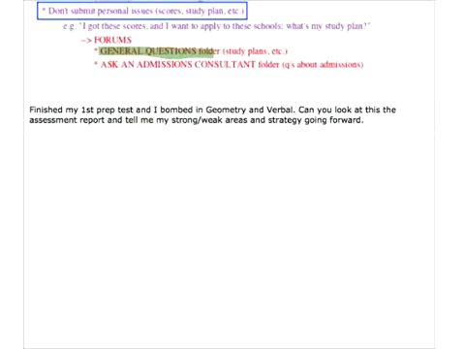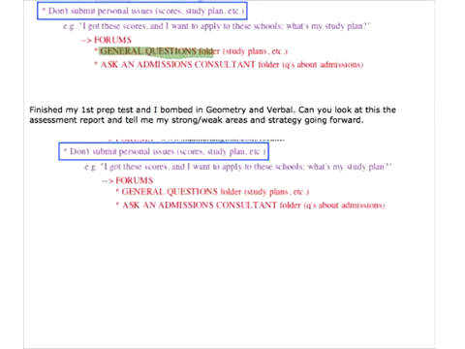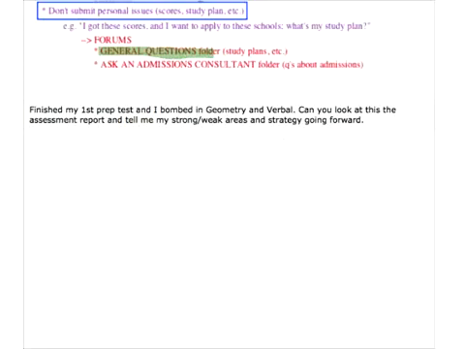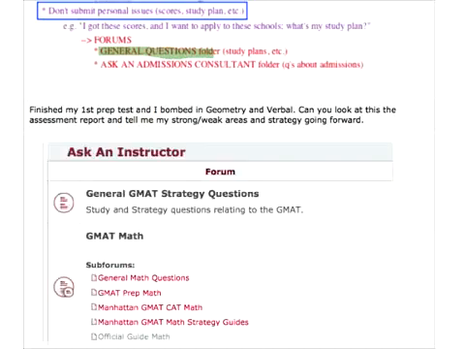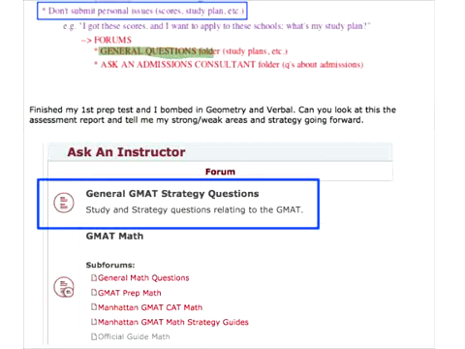It's the very, very first folder on the entire forum, so this is where you should post these things. It's the wrong graphic. Okay, you should post them here: General GMAT strategy questions. When we say the general folder, this is what we mean. Study plan questions go here.